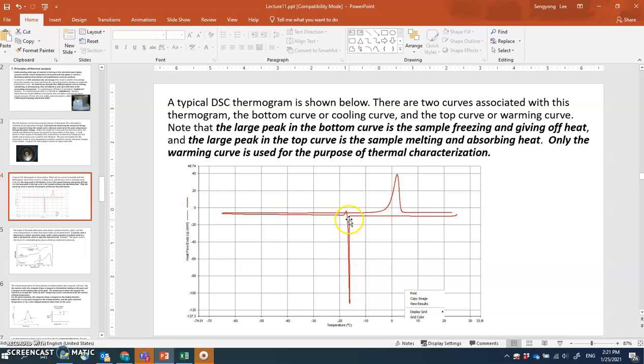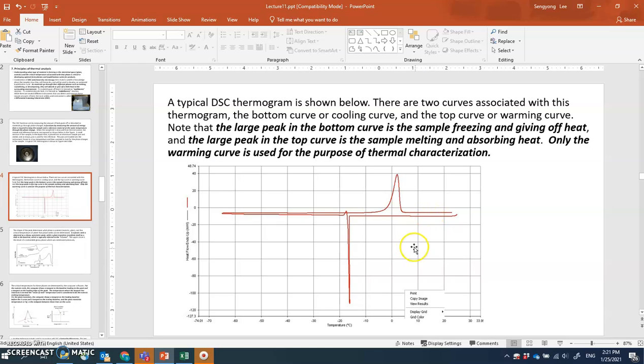There's a point where the freezing will take place from liquid to the crystal form. That's the freezing point. But if you do it the other way around, the melting point, from the frozen condition, when it melts, it'll absorb heat to become melted condition.